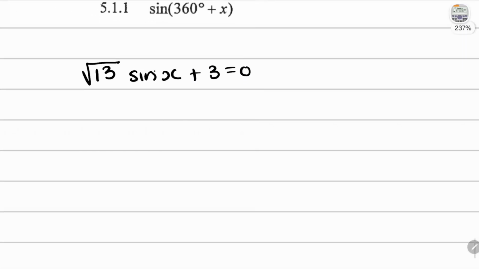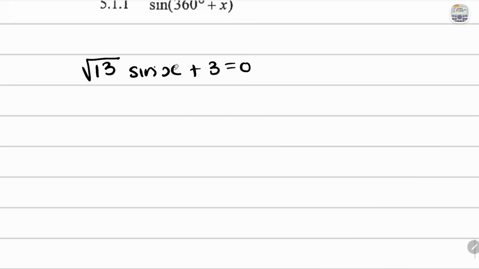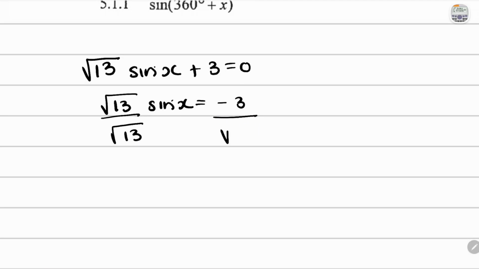Let us leave sine x on its own so that we can find out what sine x is. So the square root of 13 sine x is equal to negative 3. Then we'll divide both sides by the square root of 13 to get sine x alone. So sine x is equal to negative 3 over the square root of 13.